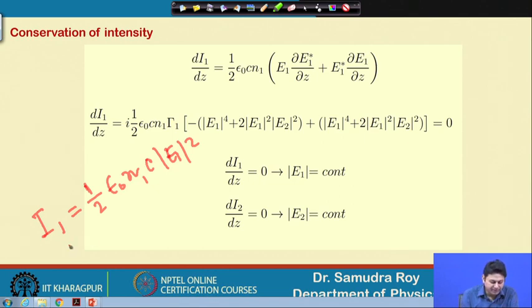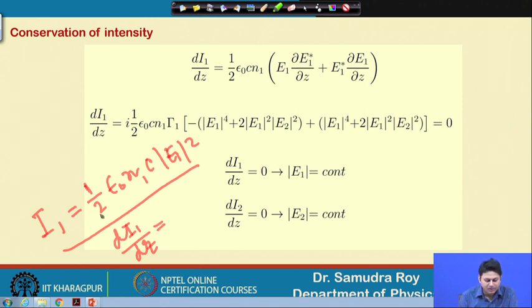So, now if this is my intensity and I have two equations in our hand, the next thing is to find out whether the intensity of a particular wave, say E1, will remain conserved under cross phase modulation or not. The process is, I just need to take a derivative with respect to z of this quantity, and in the right hand side we will do the same.